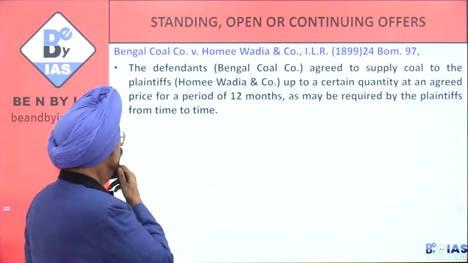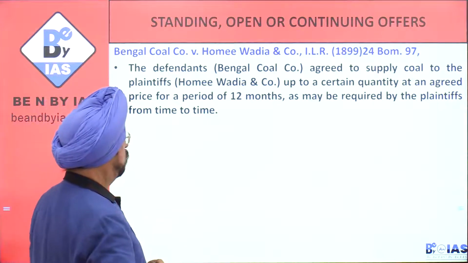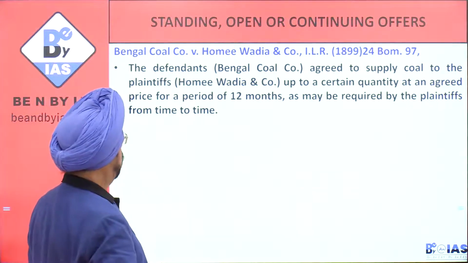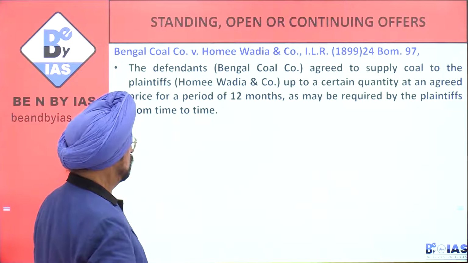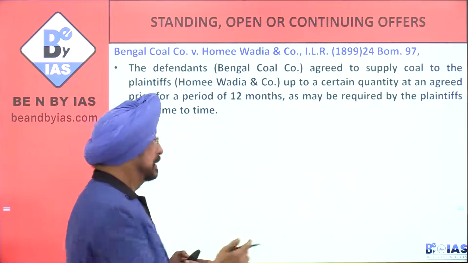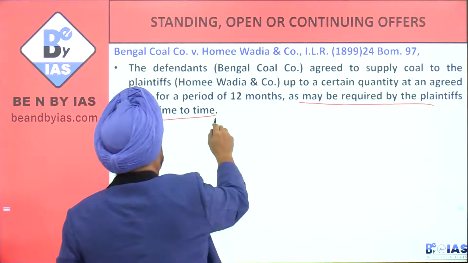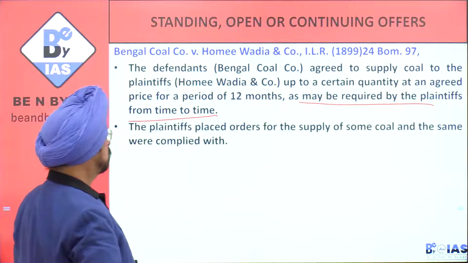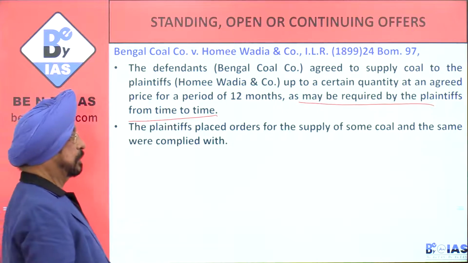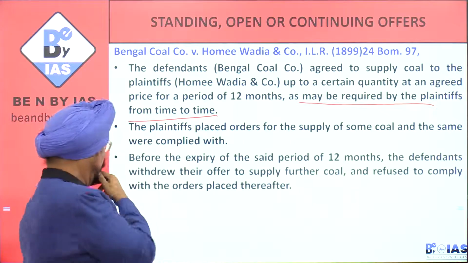The defendants agreed to supply coal to the plaintiffs up to a certain quantity at an agreed price for a period of 12 months, as may be required by the plaintiff from time to time. The plaintiffs placed orders for the supply of some coal and the same were complied with.